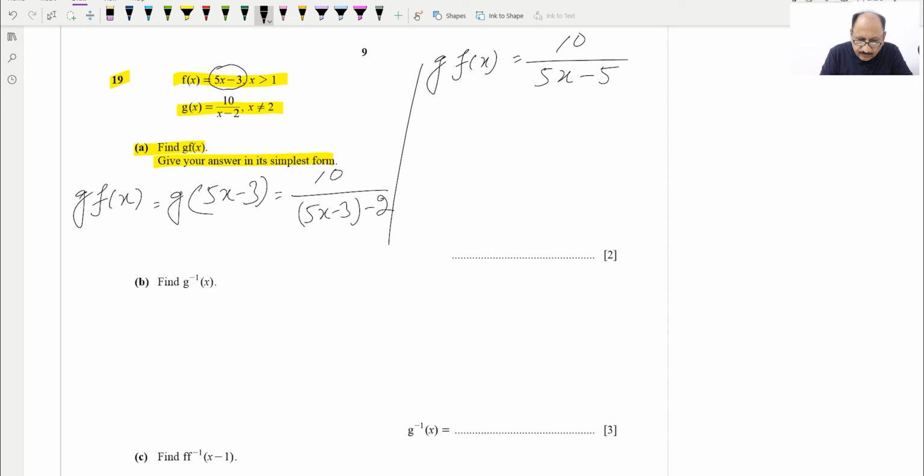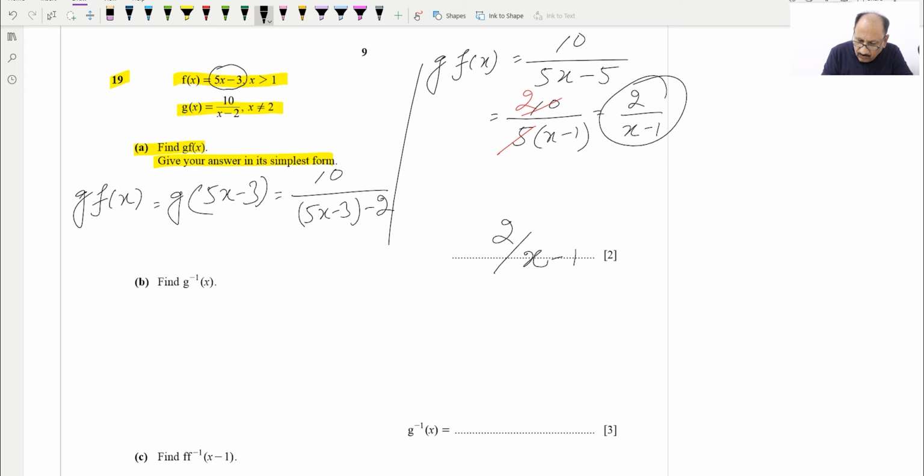We can take 5 common, so this will be 10 over 5 into x minus 1. Now we can cancel: 5 ones are 5 and 5 twos are 10, and our answer will be 2 over x minus 1. This will be the answer which we can provide over here. This will be a 2 marks question.